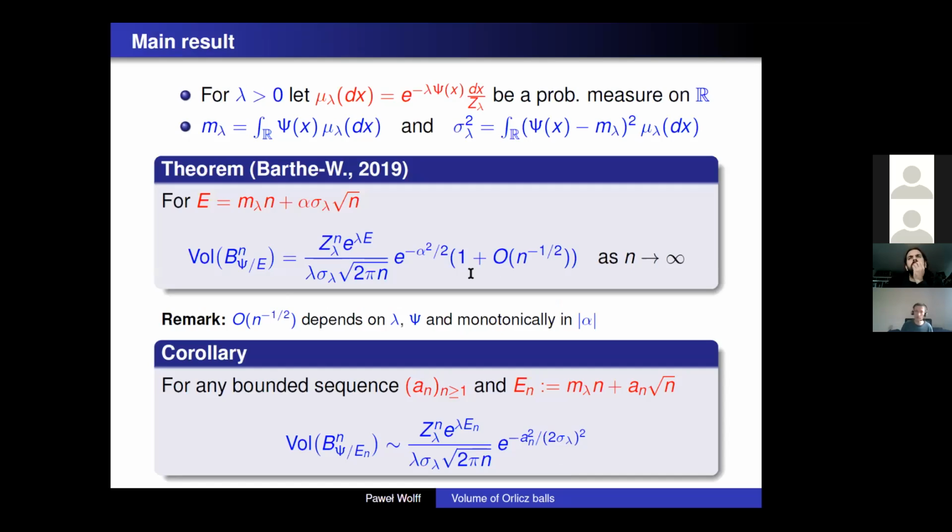We haven't pushed it further, but it's probably possible to push it further, namely to enlarge this window from square root of n to, I don't know, n to the power 2/3 or more. There are results in classical probability on estimates for deviations which are outside the central limit theorem regime.